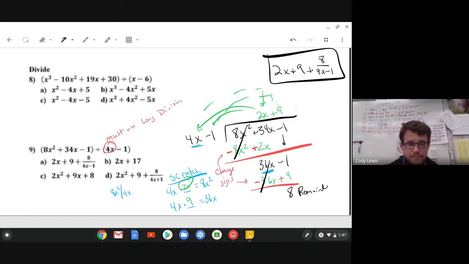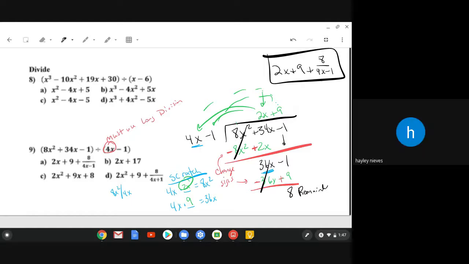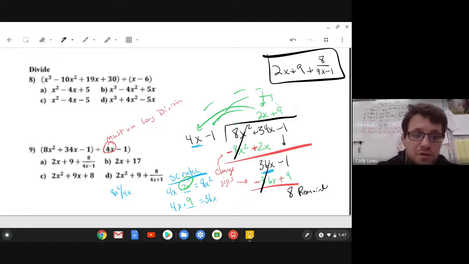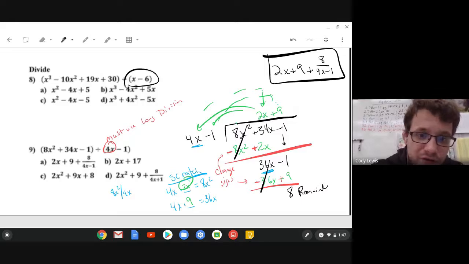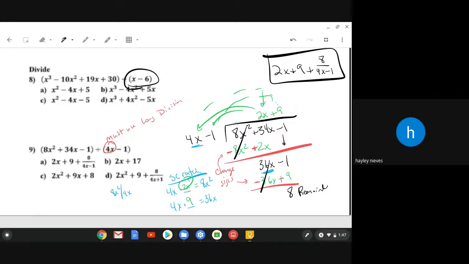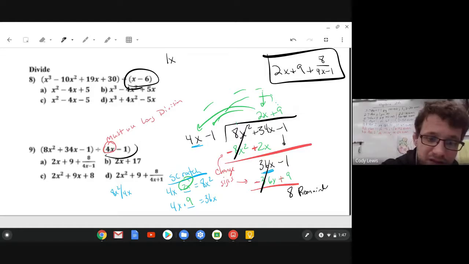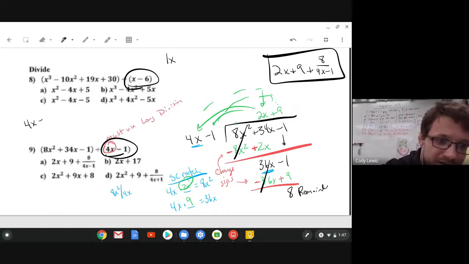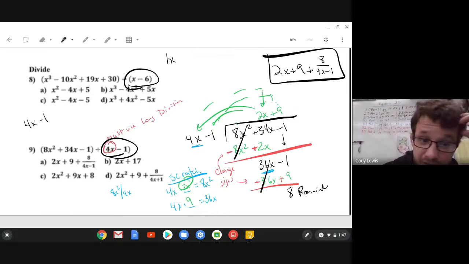Any questions on that? I have a question. Yes. So I didn't catch why you said we had to do long division instead of the synthetic division. Ah, good. That's a great question. See how that says x minus 6 there? That's 1x, right? Because this has a 4 in front of that x, it is not in the proper form to use synthetic division.